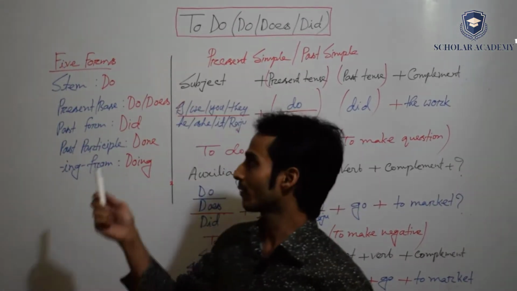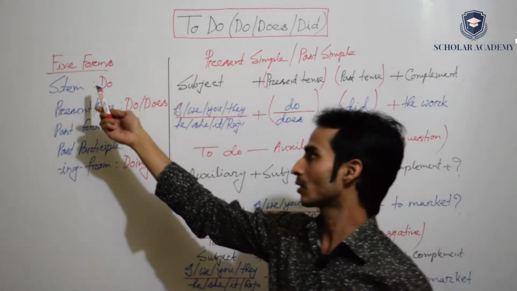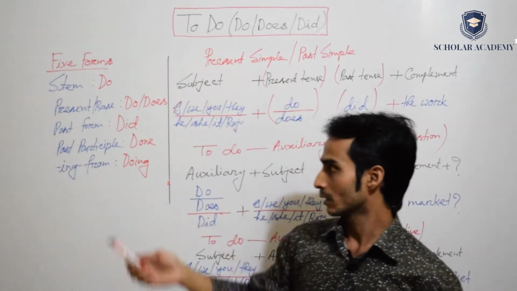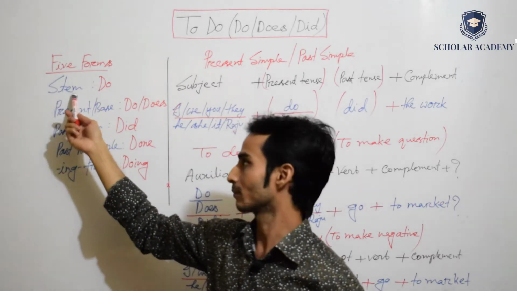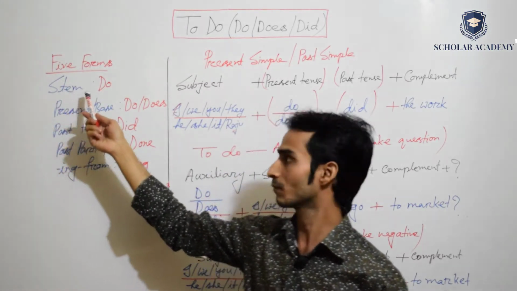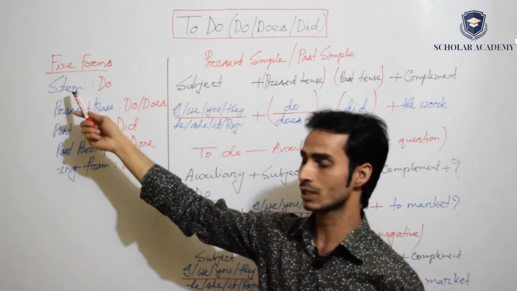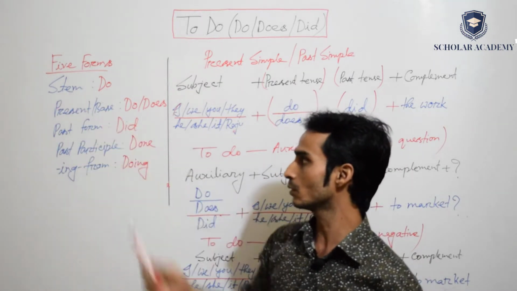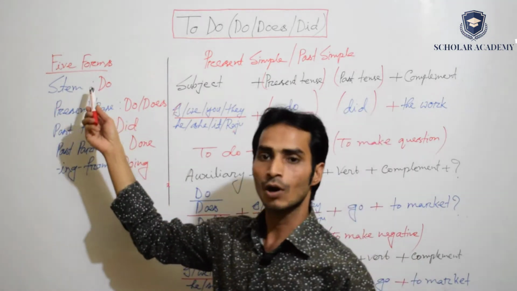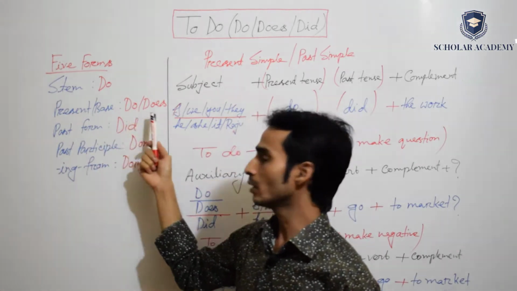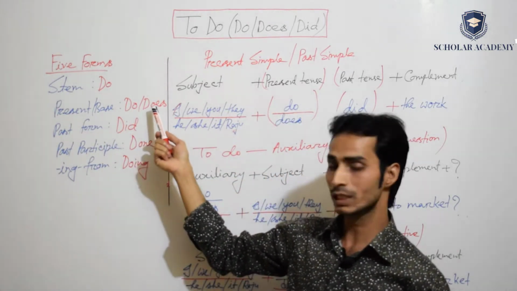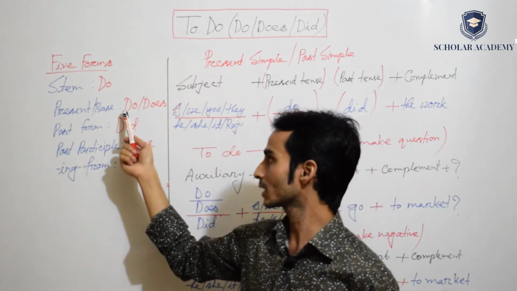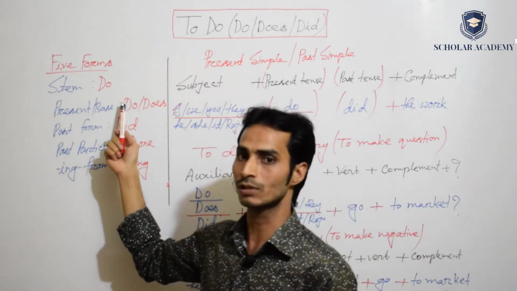We know there are five forms of do. The first form of do is do, the stem. The present form of do is do and does. That means if the subject is third person singular, we will have to use does, and if the subject is in other cases, we will have to use do.